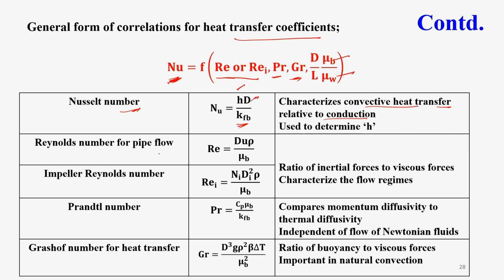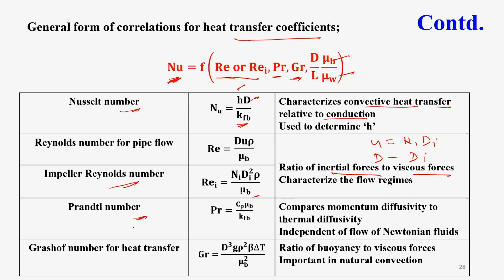Nusselt number and Reynolds number we have already discussed. Reynolds number is the ratio of inertial force to viscous force, defined as rho V D upon mu, and for the impeller Reynolds number, V is replaced by Ni di and D is replaced by di, so it becomes Ni di square rho upon mu.